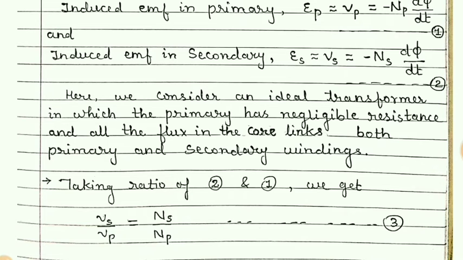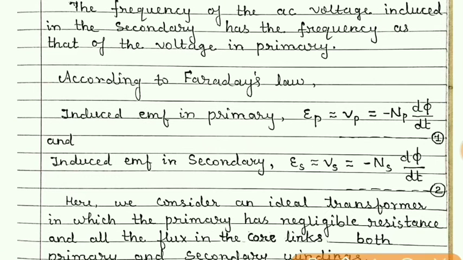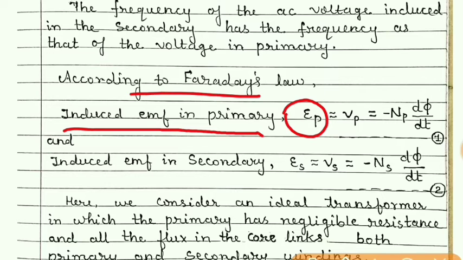Now students, according to Faraday's law, the induced EMF in the primary, that is epsilon P, is equal to Vp. Epsilon means EMF and V is the potential difference, or simply we can call that the voltage of the primary.